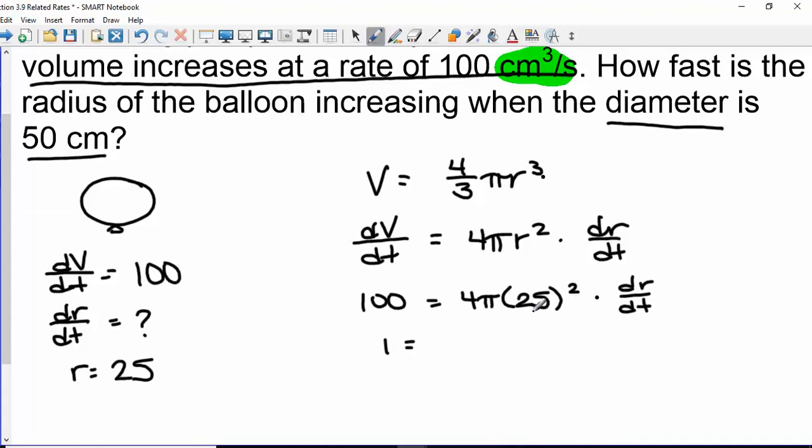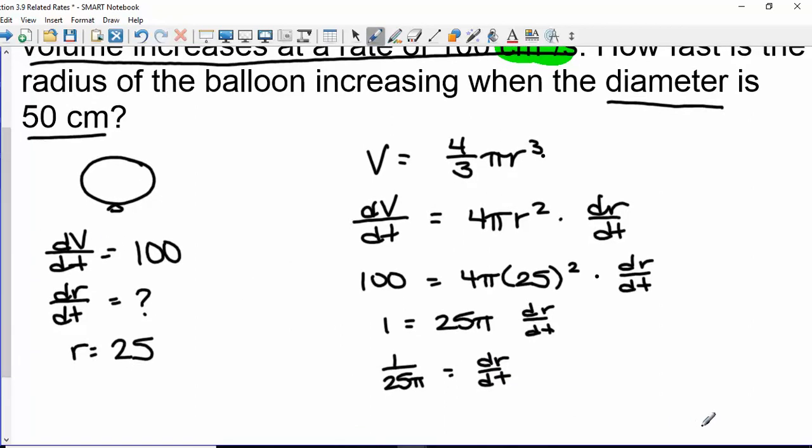If I divide by 100 on each side, just because I don't have a calculator in my hand. So to get the dr/dt by itself, we would have to divide by the 25 pi. So I asked how fast the radius was changing, so that's 1/(25 pi).